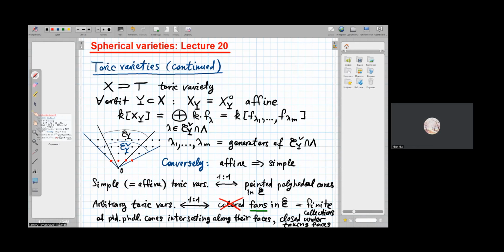This is the classification of toric varieties in terms of fans. And also geometric properties are visible from this combinatorial data, like fans. The orbit set and the closure ordering of orbits are just as in the general spherical case. In particular, we had the completeness criterion.